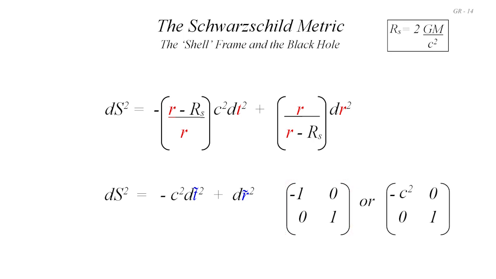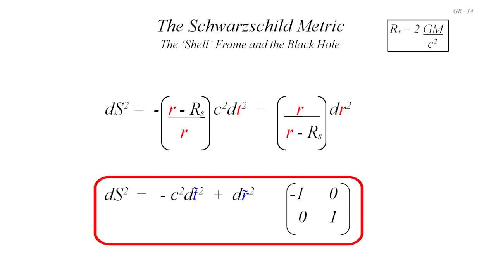In other words, when on the shell or hovering, things can be measured using these coordinates, and for all intents and purposes, the sense will be that the spacetime is flat, because these Cartesian-type coordinates, which arise from this Minkowski metric, can be used to measure it.